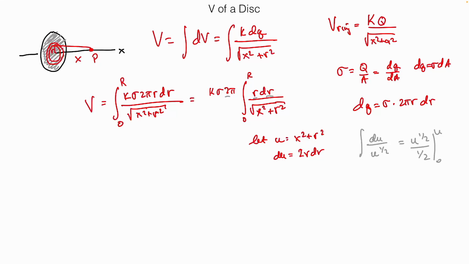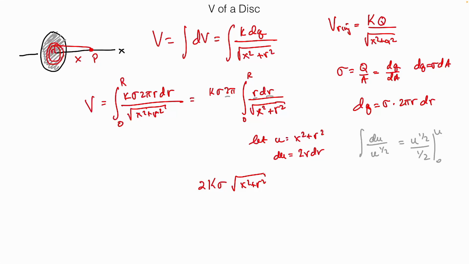So that means, just putting all of the form of the integral together and swapping back with my u's, k sigma, there's a 1/2 on the bottom, which becomes a 2. And then my u, which was x squared plus r squared, but it's u to the 1/2, so square root of x squared plus r squared.